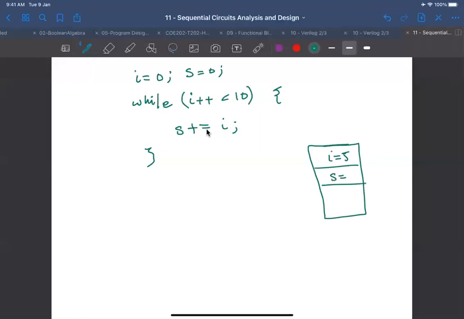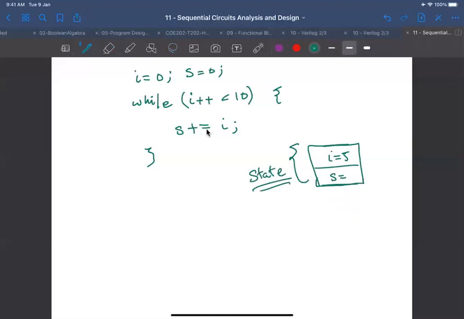Do we need any other information to describe the program progress? If I tell you what s is and what i is, you should know exactly where the program is, right? Yes. So this is called the state of the program.